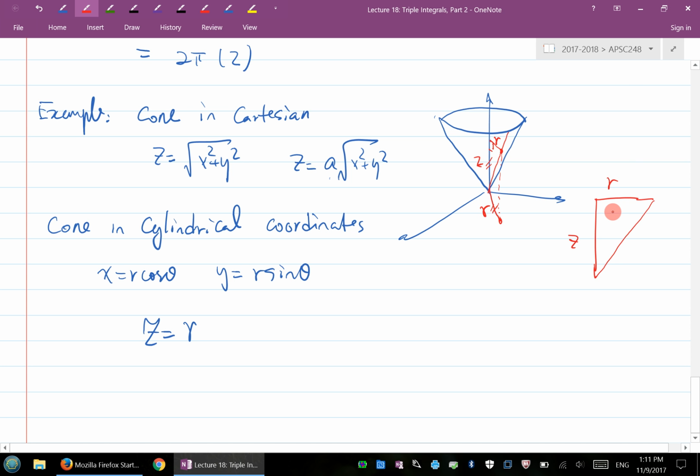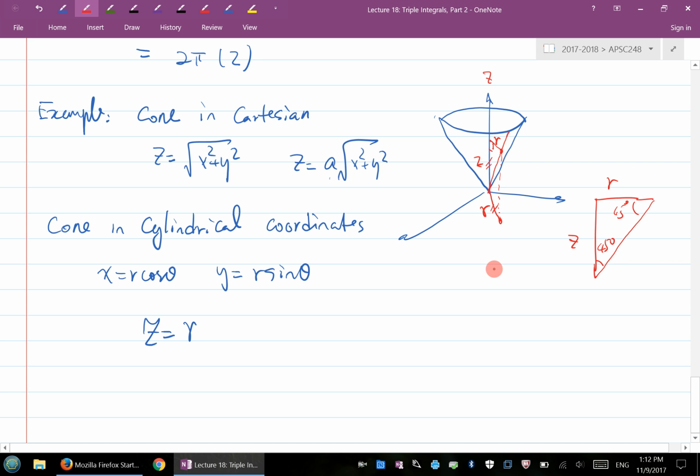So z equal to r, meaning what's the angle here? 45, right? So for that cone, if you draw a line from the origin to any point on the surface, what's the angle between that edge line and the z-axis? It's 45 degrees. This is what z equal to r tells you.